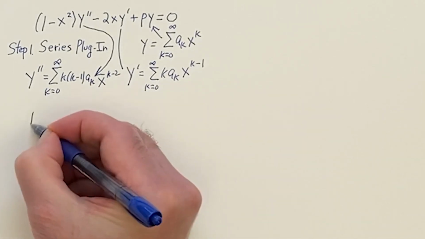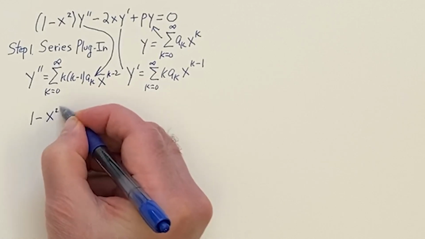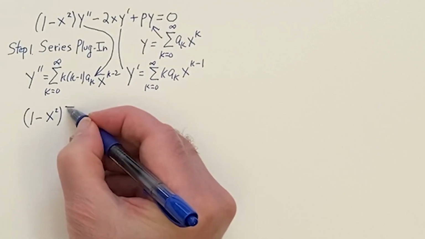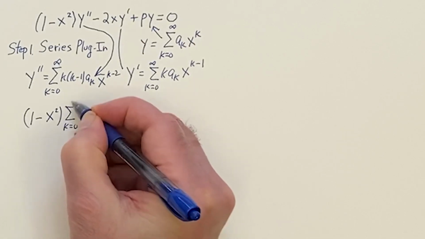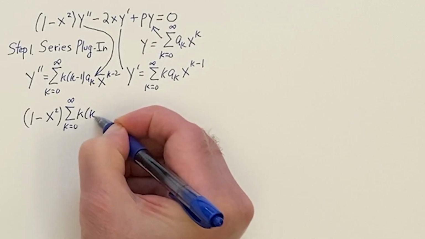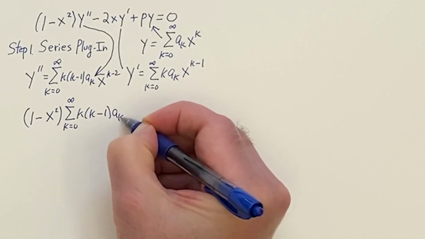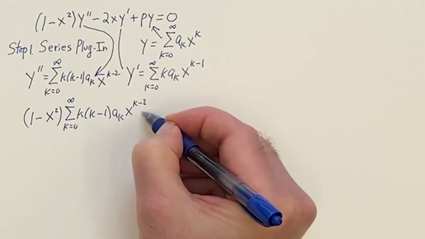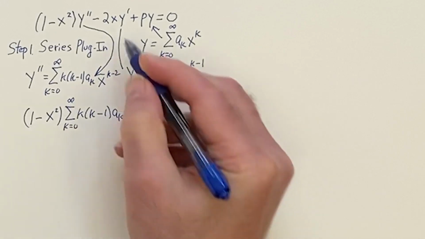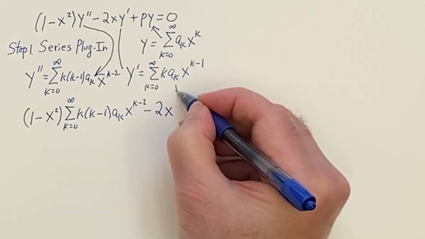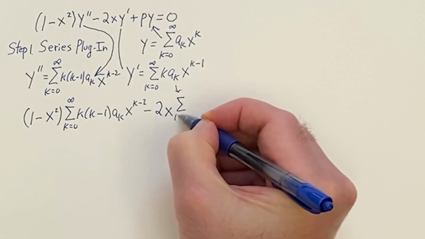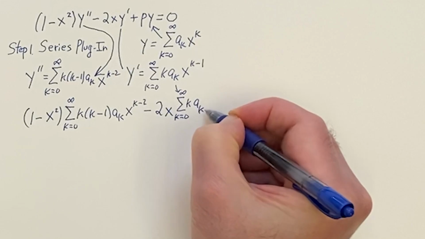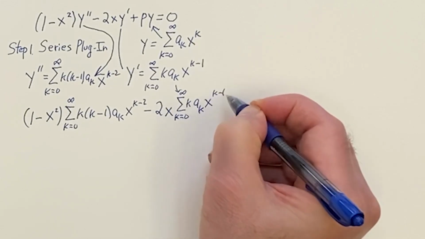So let's copy this now. 1 minus x squared, and we put in here this one: the sum for k equals 0 to infinity, k times k minus 1, a sub k, x to the k minus 2. Then the minus sign, 2x, and then the y prime one, which is this one: k equals 0 to infinity, k, a k, x to the k minus 1.